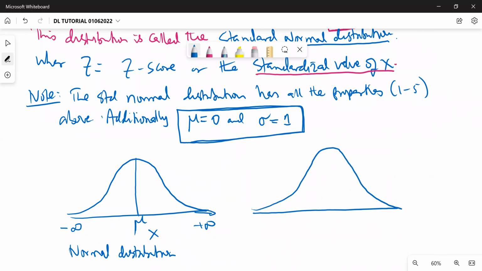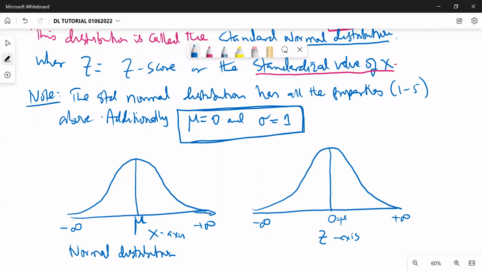Forget about the apparent difference in my diagrams. But here, instead of having mu, you will have 0. Mu is 0, but it will go all the way to plus infinity and minus infinity. This would be your z axis, and this would be your x axis. So that's the difference between the two.